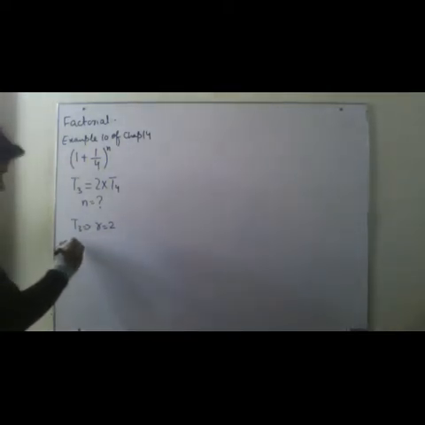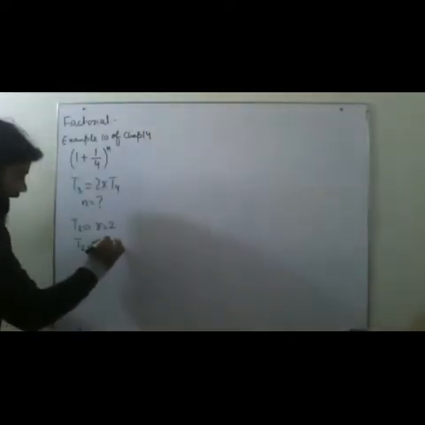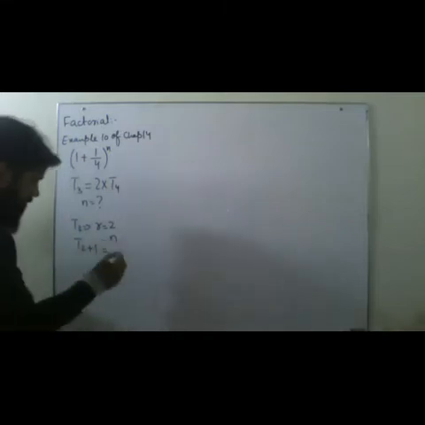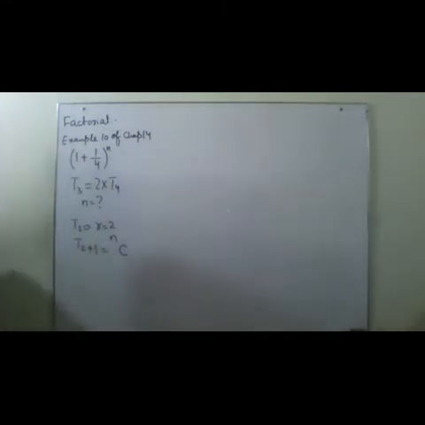So how will I write it? T2 plus 1 equals to n, n I don't know, C, and r I know over here. What is r?